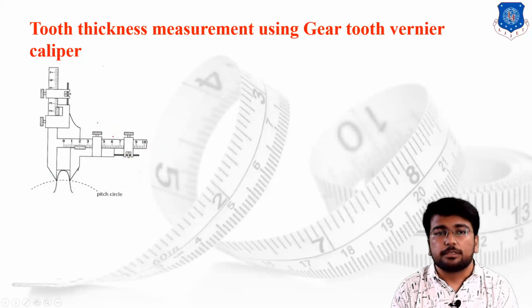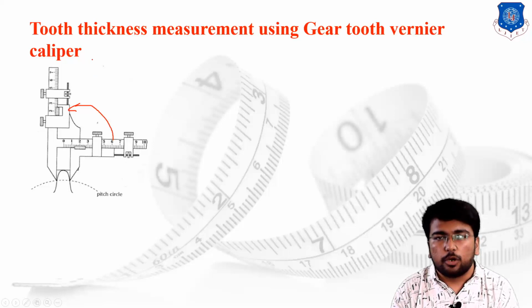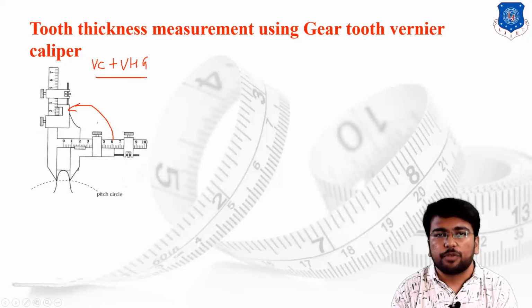What have we added? We have added the same portion on the vertical side as well. It means we have made a fusion of vernier caliper plus vernier height gauge. We have simply made a combination of the vernier caliper and the vernier height gauge. The vertical body shows the concept of the vernier height gauge, in which the main scale is there, the auxiliary scale is there, two locking screws are there, and a fine adjustment screw is there.